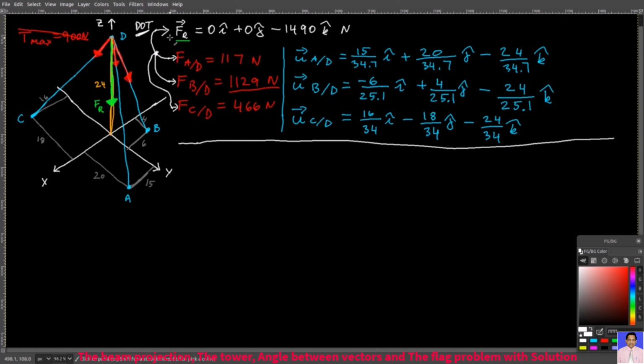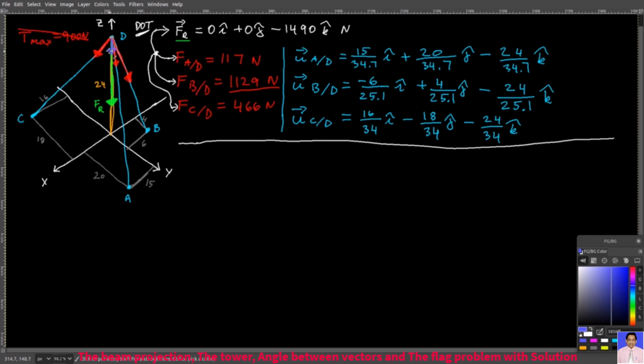Welcome back. So let's now obtain this resultant force using the dot product. Essentially, what it means is that we have to take these three forces here and we have to project them onto the line that is parallel to the tower.